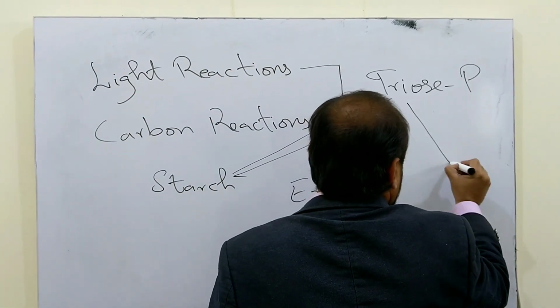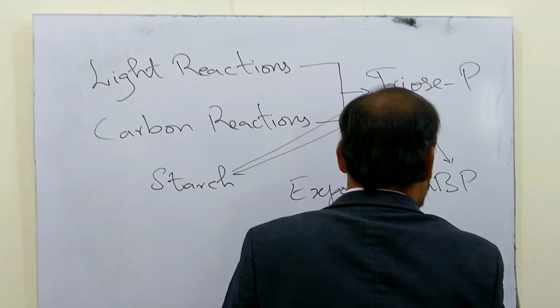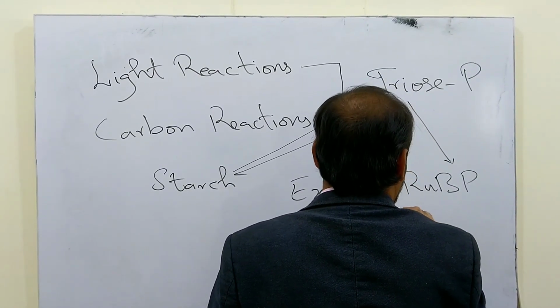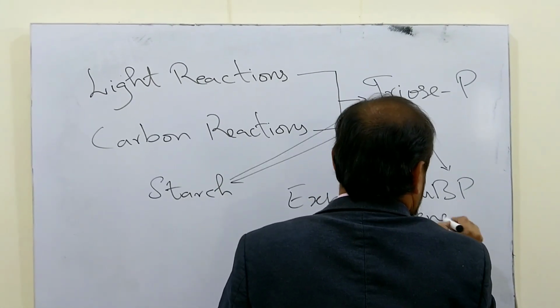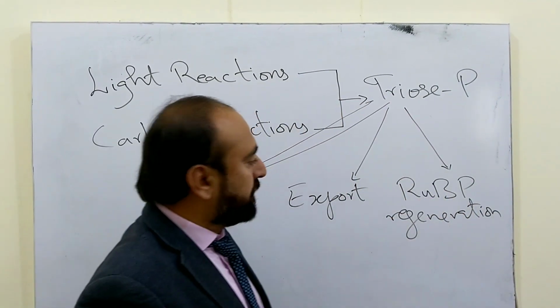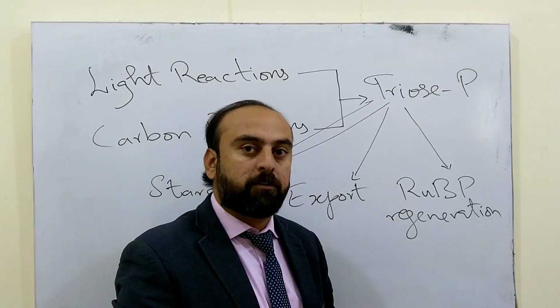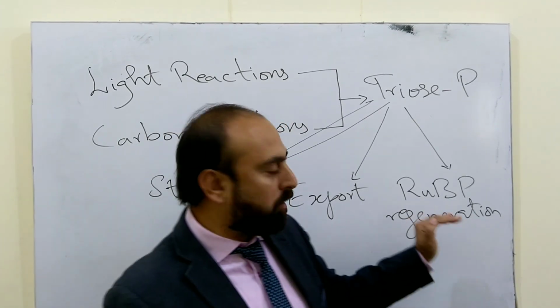The third phase is regeneration of a 5 carbon sugar, RuBP. RuBP or ribulose 1,5-bisphosphate is the first carbon dioxide acceptor molecule. This reaction is autocatalytic.